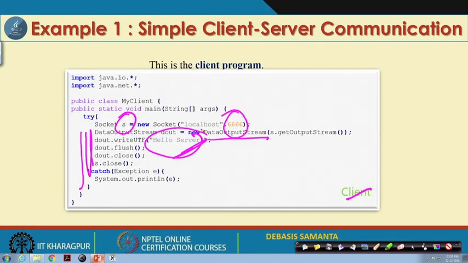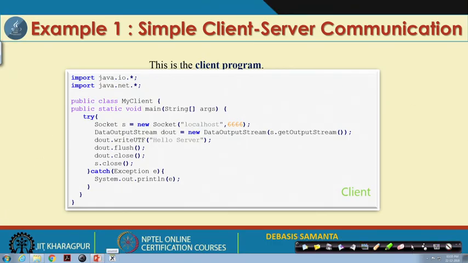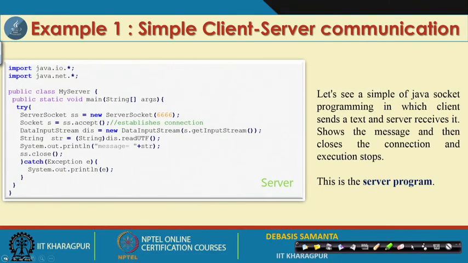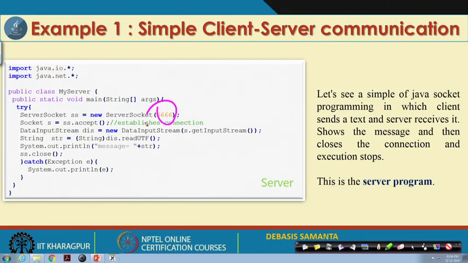And here is the port number. This port number should be the port number of the server with which it wants to communicate, and it should be the same in both the server and the client. As you see, the port number we have used here is 666, also in the server.